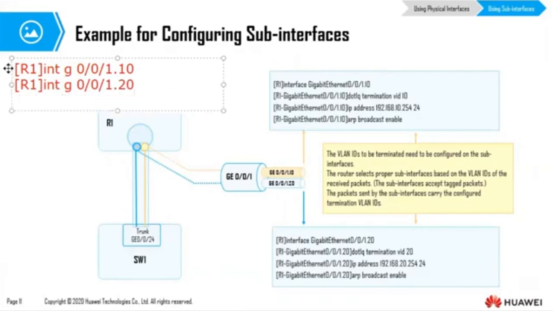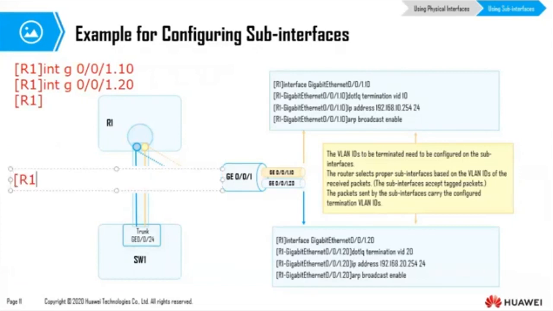After you've created a subinterface, you'll get into the subinterface view. So for example, in R1 it will appear like GigabitEthernet0/0/1.10.